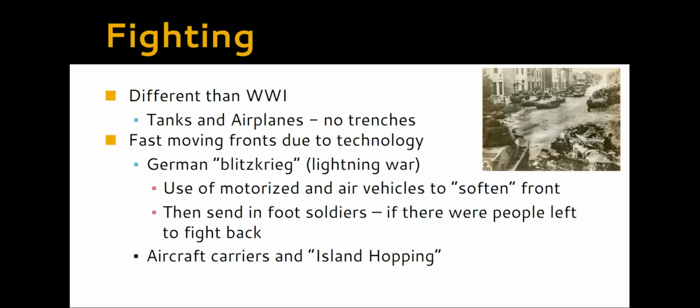What they would do is use a lot of airplanes to drop a lot of bombs onto the front. Then you would send in your foot soldiers and your tanks and really roll it in and take it all.